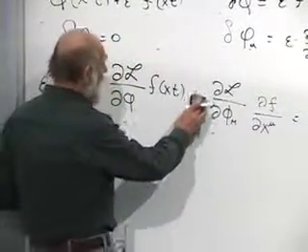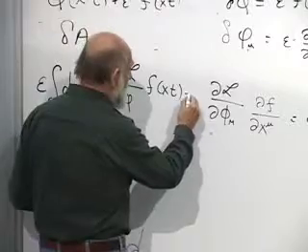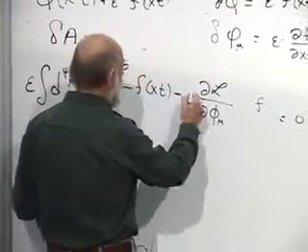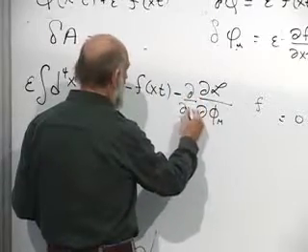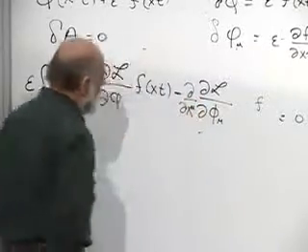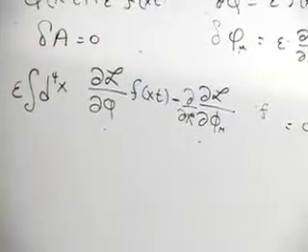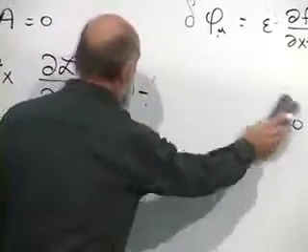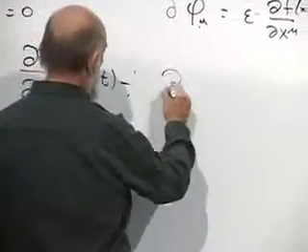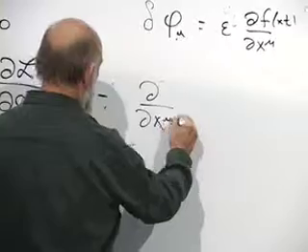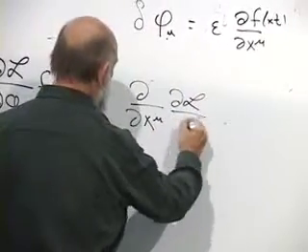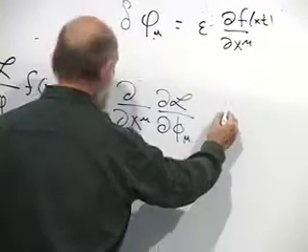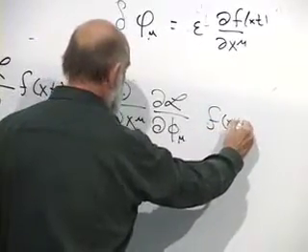So this is the same thing as minus, and now the derivative with respect to x goes here. Let me write it out a little more clearly. Minus d by dx mu of the derivative of the Lagrange density with respect to phi mu times f of x and t again.